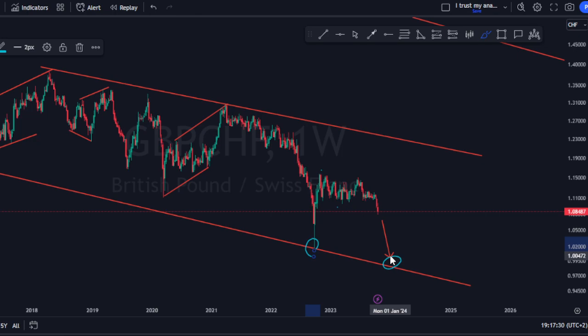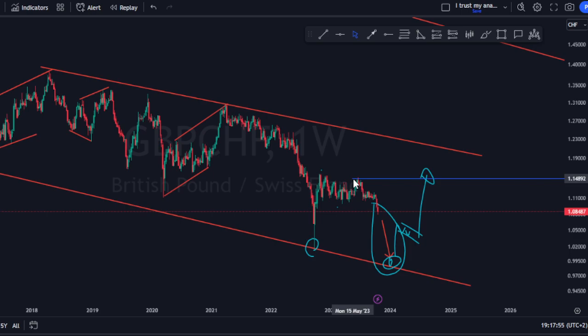And from this third touch, I think you could look for a push up, same as last week's analysis a bit, and catch the buys. But right now, I want us to focus on here, from this high.